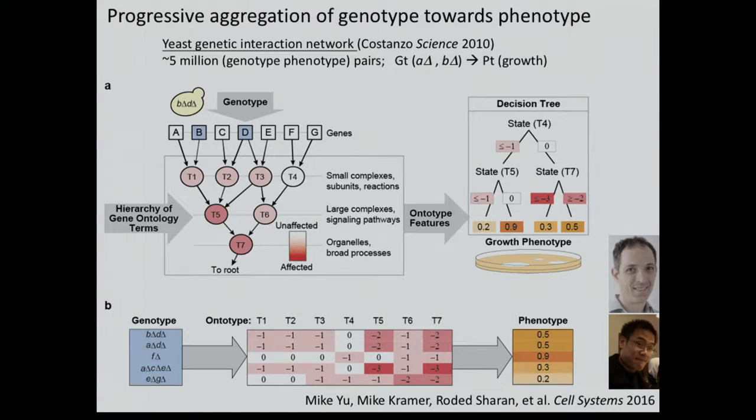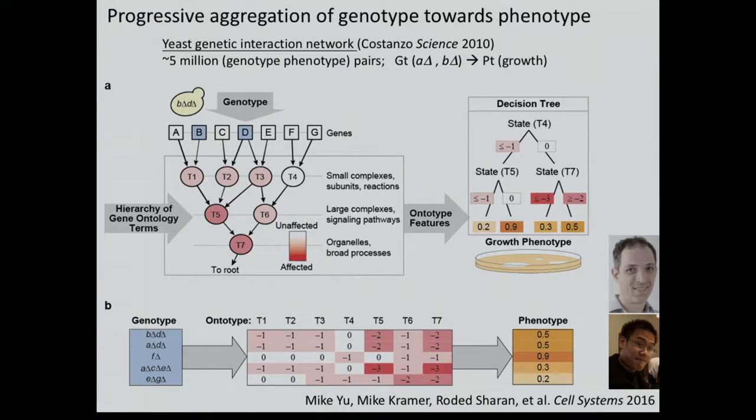Now that we have some simple policy by which to set the state of a term, we can translate a genotype into what Mike Yu called an ontotype. An ontotype is the complete set of states on all biological objects in a cell, while genotype is the complete set of states on all genes. So ontotype includes genes, it includes phenotype, and all objects in between.